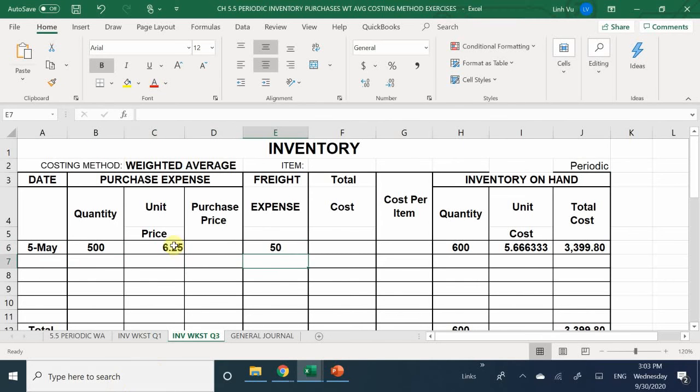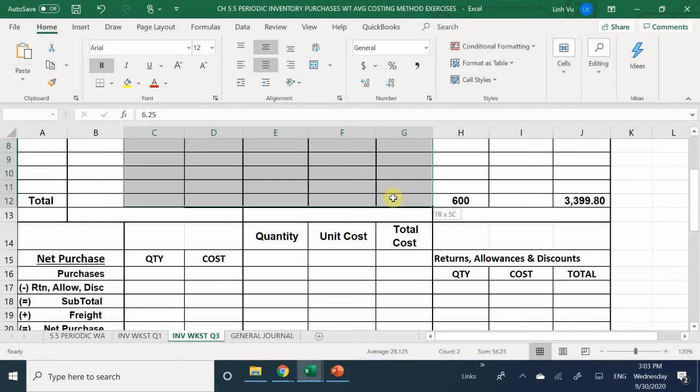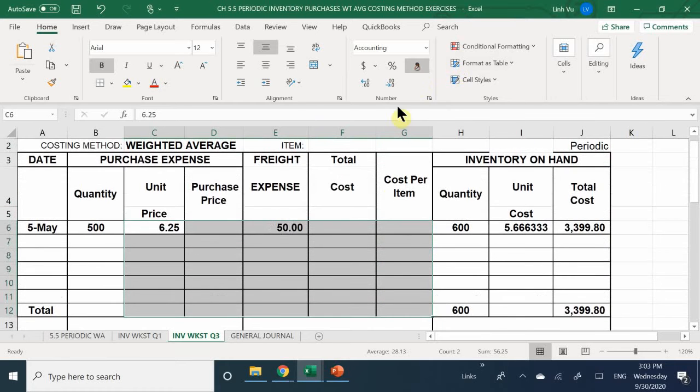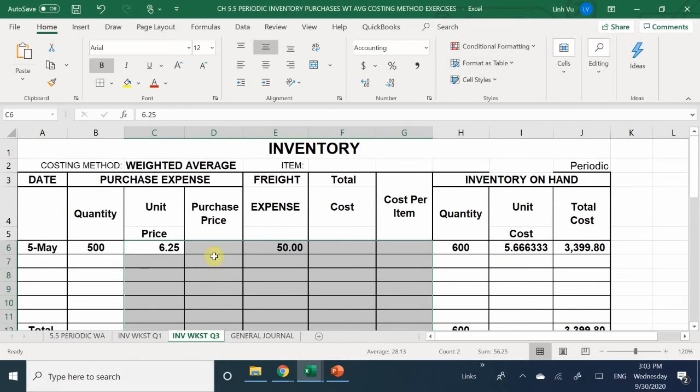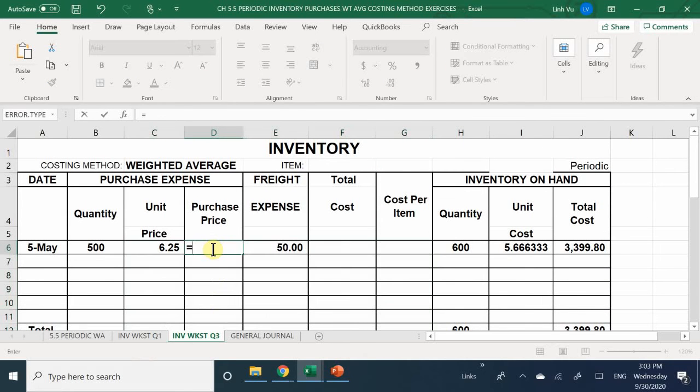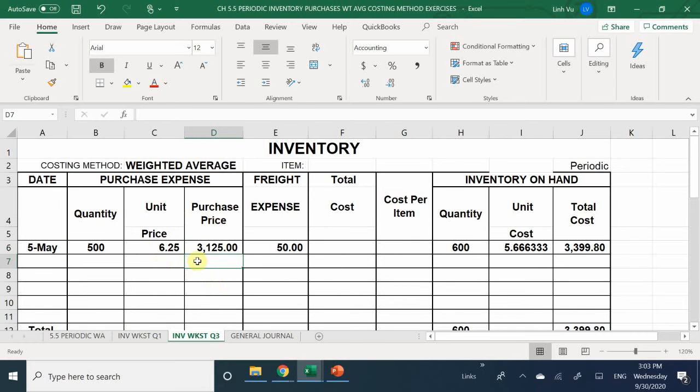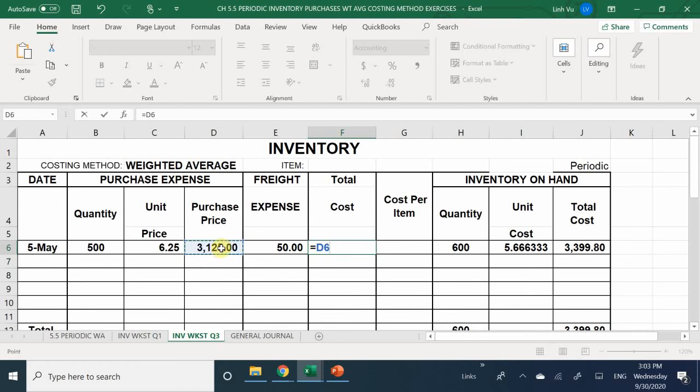What is my purchase price? The purchase price is $3,125. Good. Equals formula $3,125, and my total cost is going to be $3,175. Good.